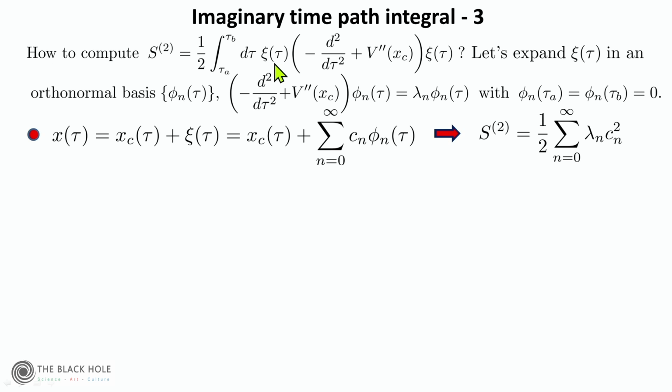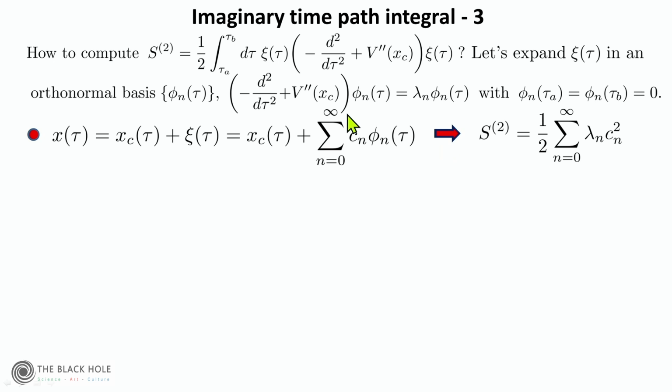We can do the integral, and remember that this acting on phi n will give us lambda n, so that lambda n will come here. And so very easily, almost trivially, we get the second order action in terms of the eigenvalues over here and the square of Cn.